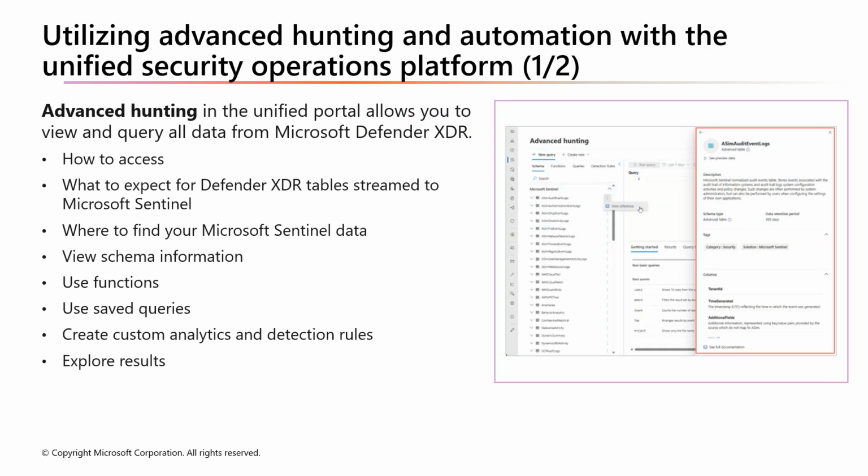Advanced Hunting in the unified portal lets you query both Microsoft Defender XDR and Microsoft Sentinel data, including third-party logs, all from one place. You can access your existing Sentinel workspace content like saved queries and functions and use familiar KQL operators that you're typically used to using to run cross-platform queries effectively.